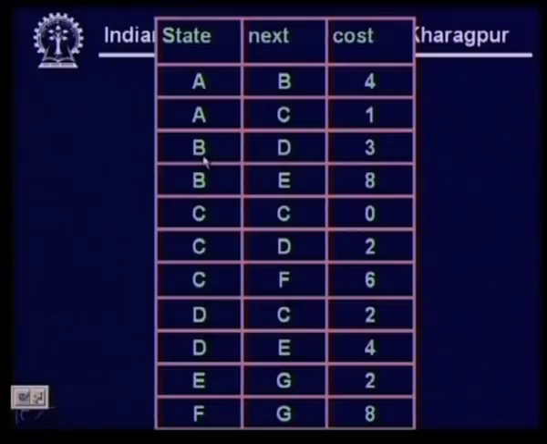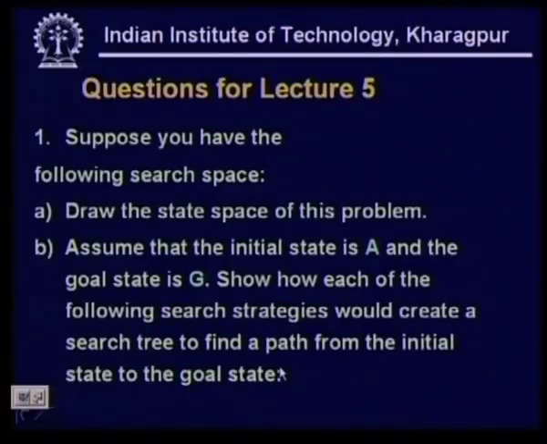There is an edge from B to D with cost 3, B to E with cost 8, C to C cost 0, C to D cost 2, C to F cost 6, D to C cost 2, D to E cost 4, E to G cost 2, F to G cost 8.